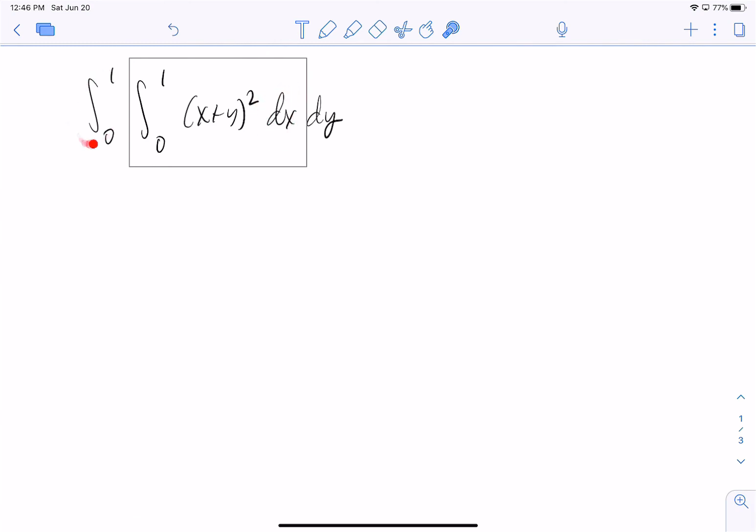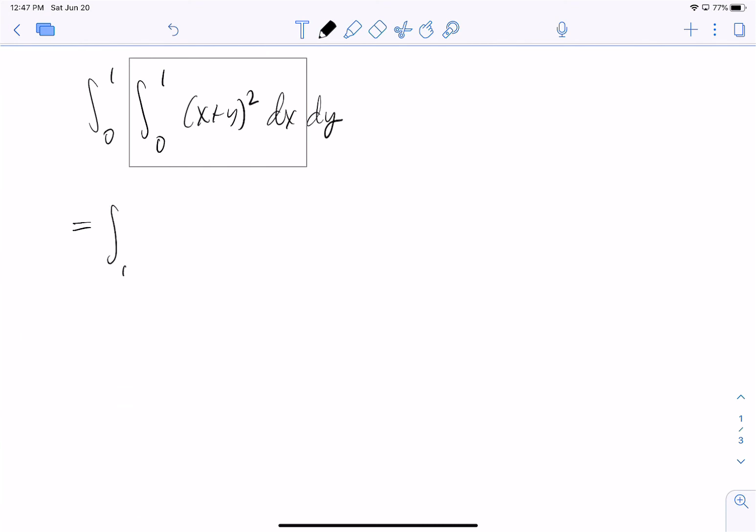The outermost integral corresponds to the outermost differential, and in this case dy. When we actually integrate x plus y, the quantity squared, with respect to x, we're going to consider y to be a constant. So in a sense, this is like partial integration, just like in partial differentiation when we hold all but one variable constant.